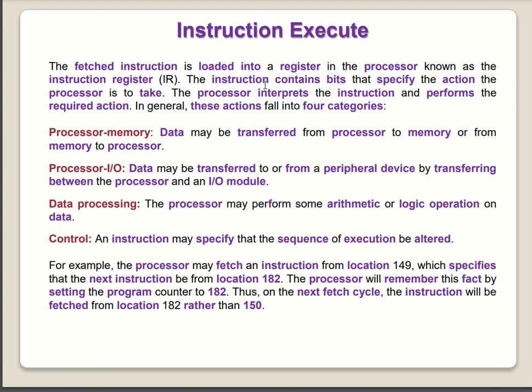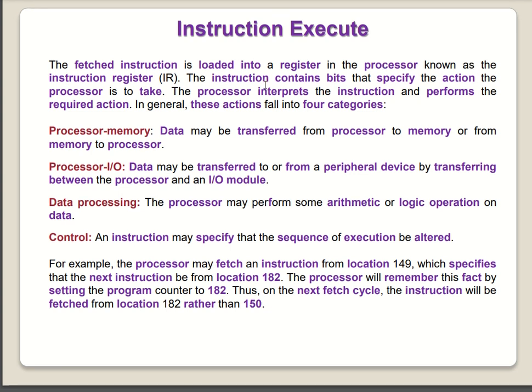The last action is control: the instruction may specify that the sequence of execution be altered, like a jump instruction, where the next instruction to be executed will be somewhere else in the program. Can you get the idea? This is what you call branching. Again, the example is given in the paragraph. I would like you to read it and understand it.